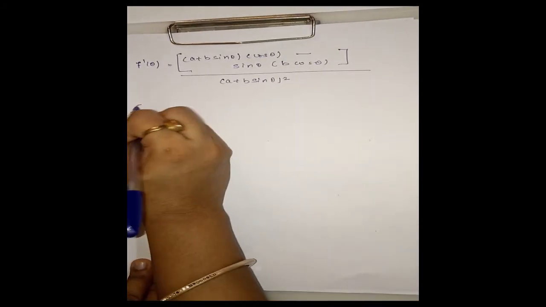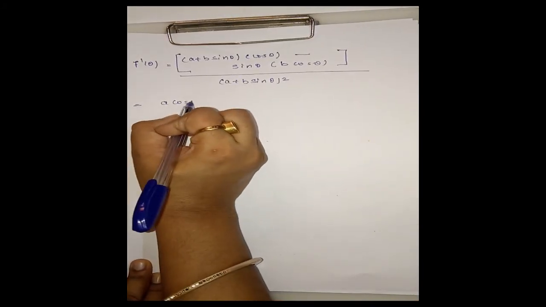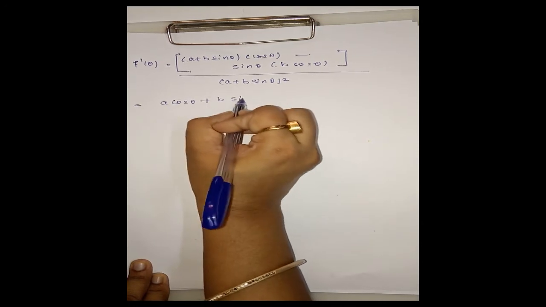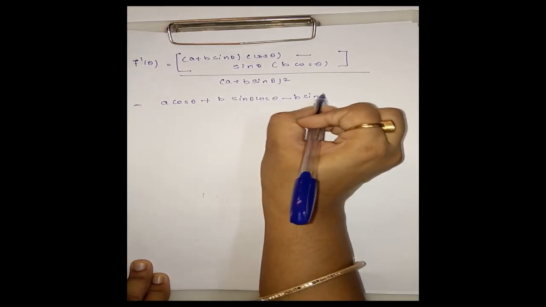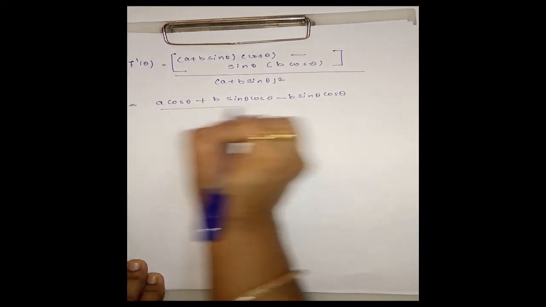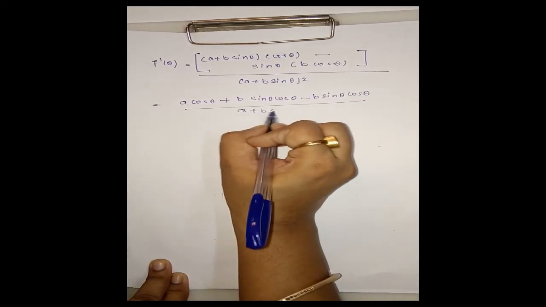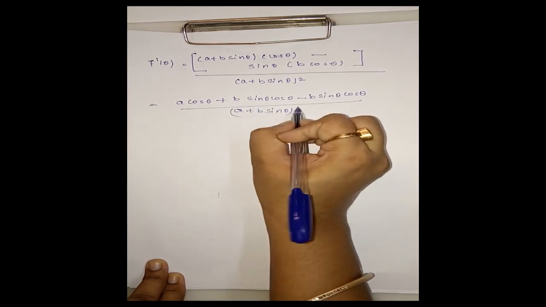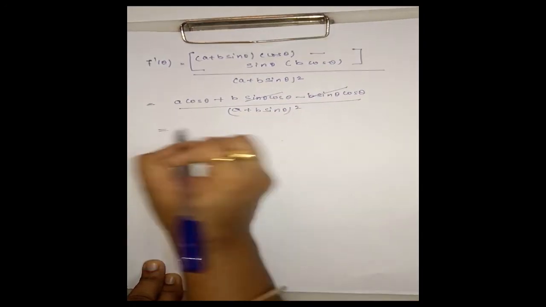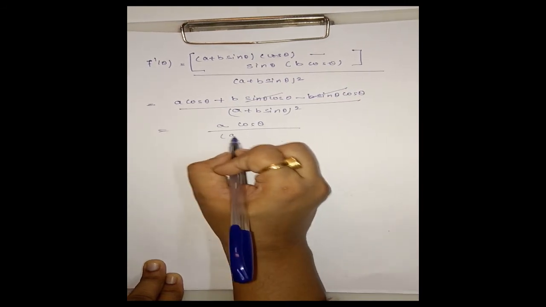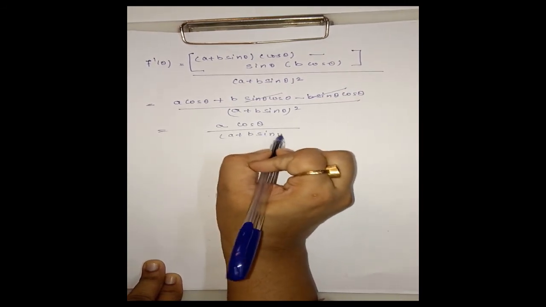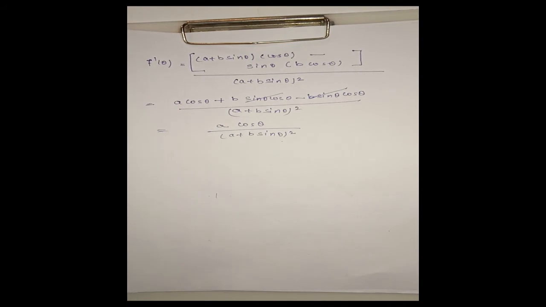This on simplification will give us a cos theta plus b sin theta cos theta minus b sin theta cos theta upon a plus b sin theta whole square. This will get cancelled out and we are left with a cos theta upon a plus b sin theta whole square.